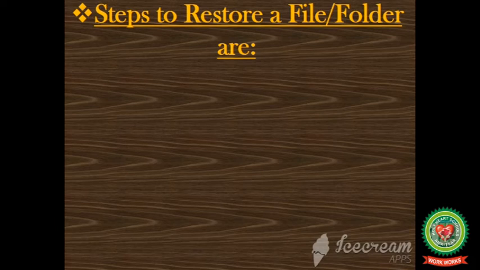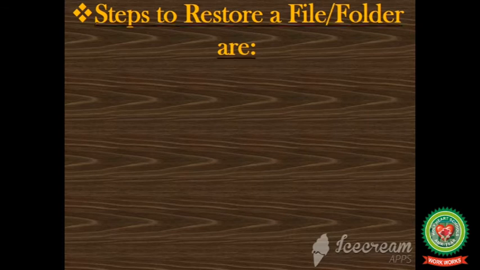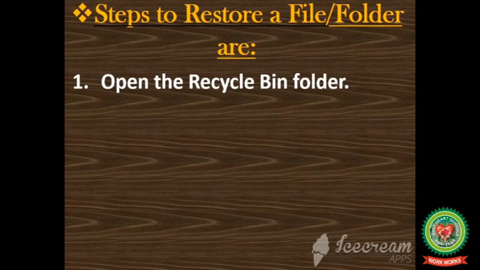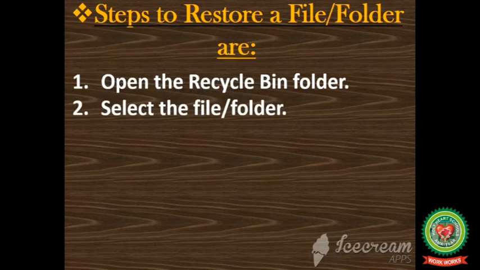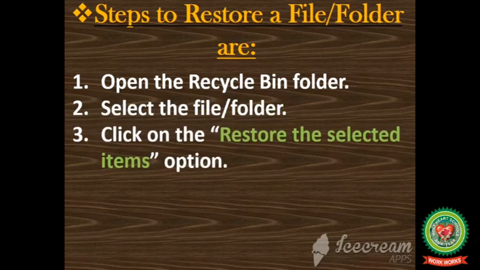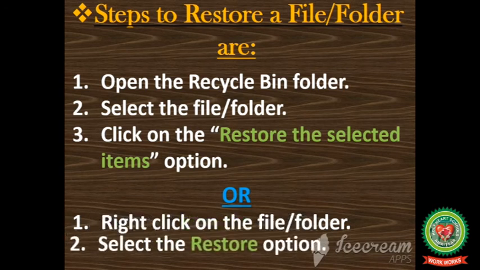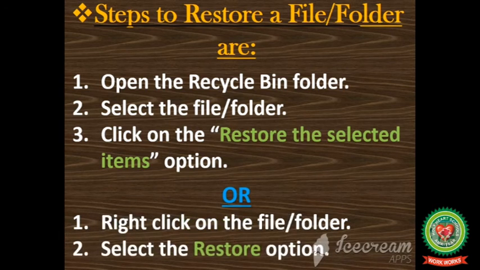The first way is, open the recycle bin folder, select the file or folder, and click on the Restore the selected items option. And the second way is, firstly, right-click on the file or folder, and second, select the Restore option.